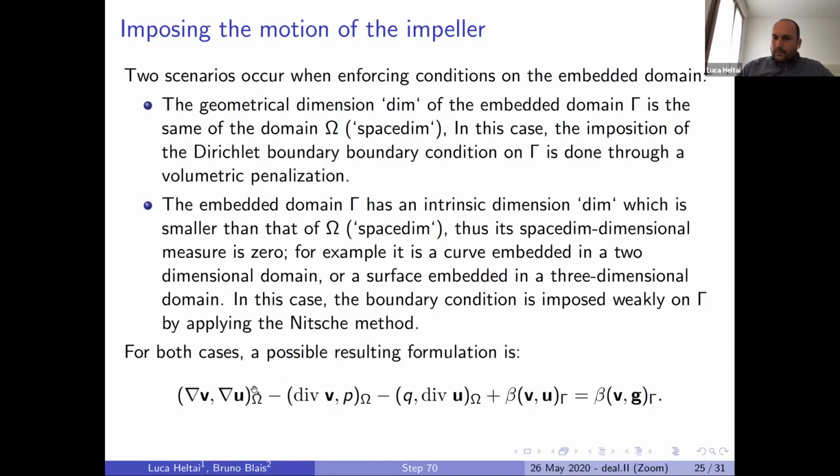So in both cases, the formulation that results is the standard Stokes equation. I won't spend any time on this because this is taken verbatim from any one of the Stokes problems in the library. It's exactly the identical thing done here. And plus there are two terms, which are beta V U over gamma and beta V G over gamma, where both V and U are basis functions of the fluid domain, but you want to integrate them on the solid domain.